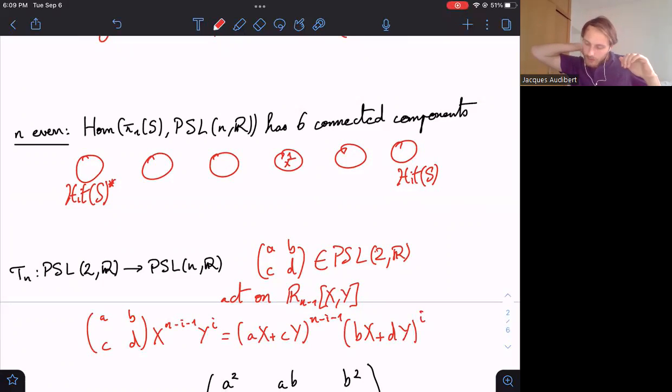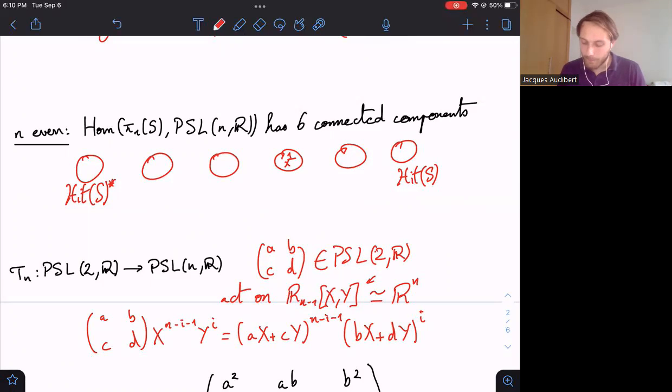So a matrix in PSL2R acts on this space, and this space is actually a vector space of dimension n. So basically, we get an action on Rn.